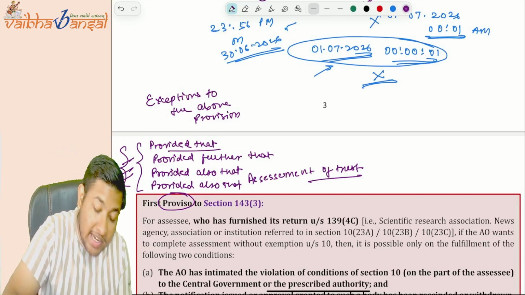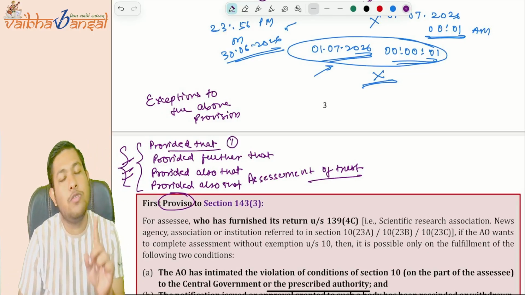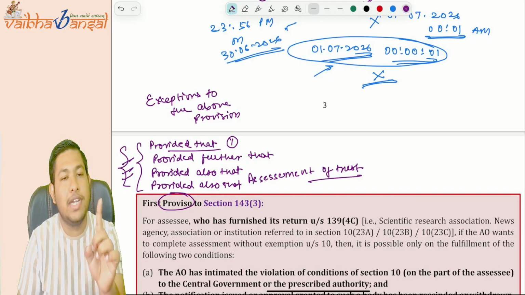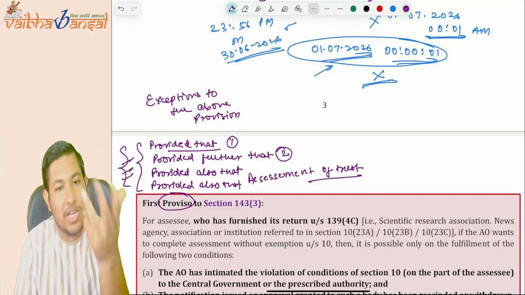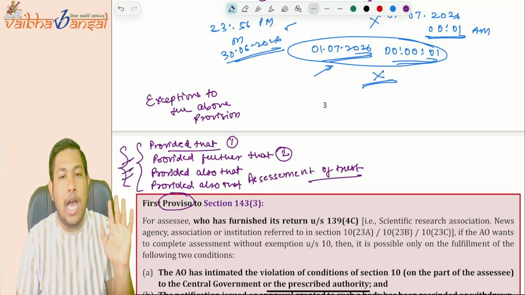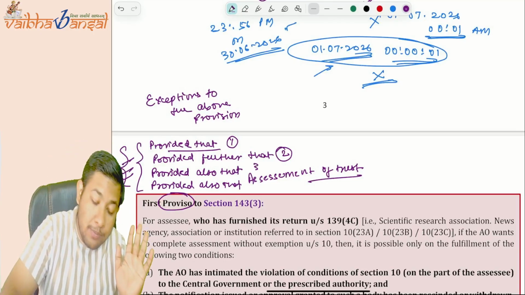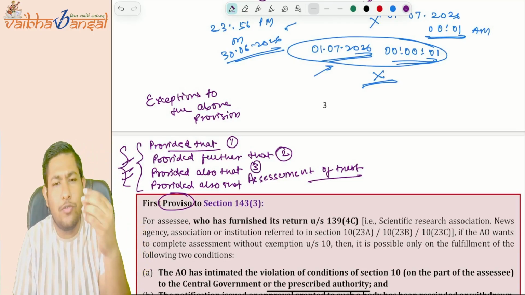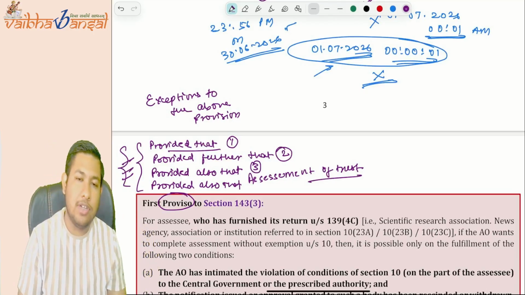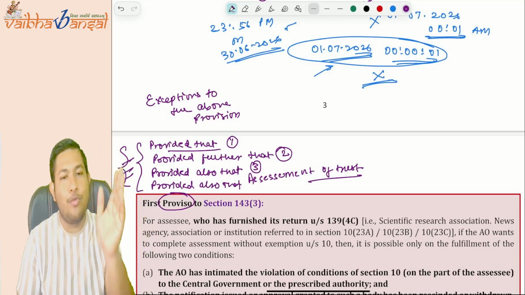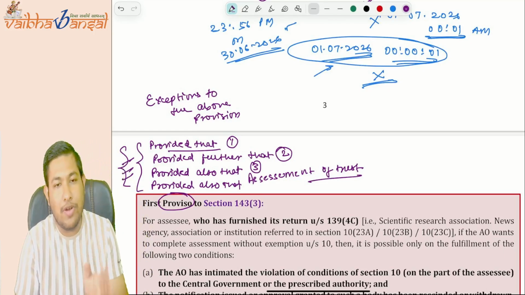So provided that is the first proviso. The first proviso will always start with provided that. The second proviso shall always start with provided further that. And afterwards, after the second proviso, all the provisos, whether it is 3 provisos, 10 provisos, or 20 provisos in a particular section, all the provisos after the two will start with provided also that, provided also that, provided also that.